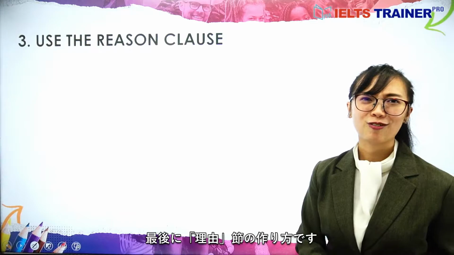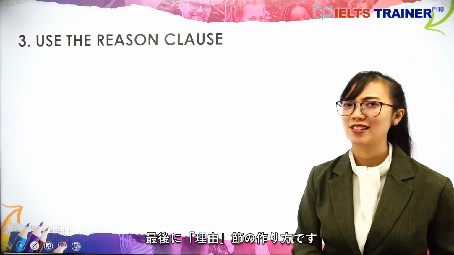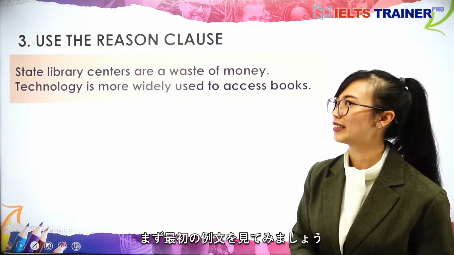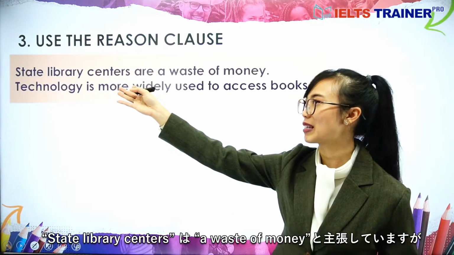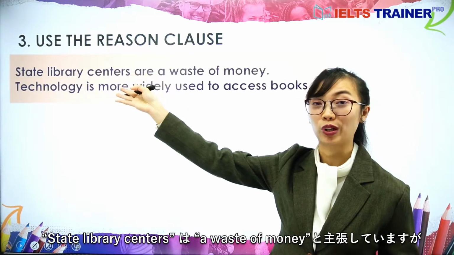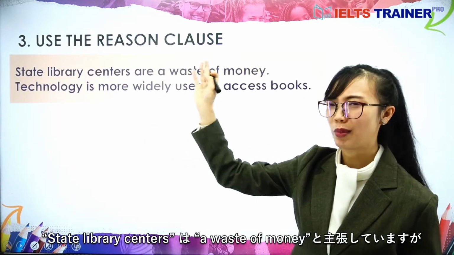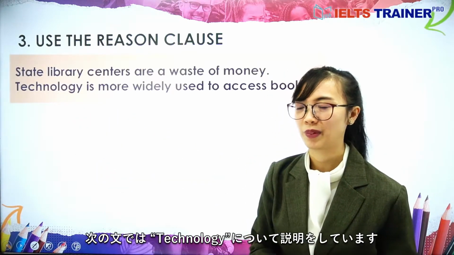Lastly, let's not forget to explain reasons using reason clauses. So let's observe the first type. In this first statement, state library centers were used to be a waste of money, but the second sentence explains technology.